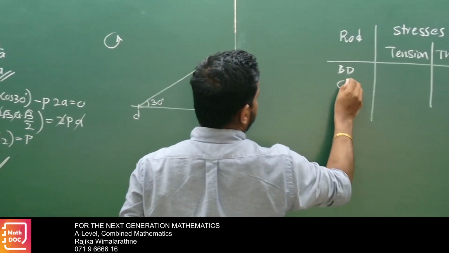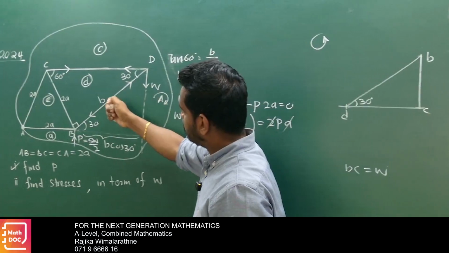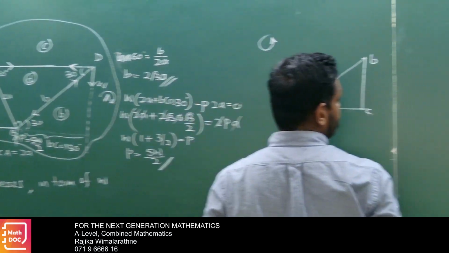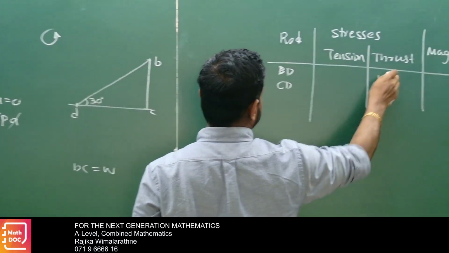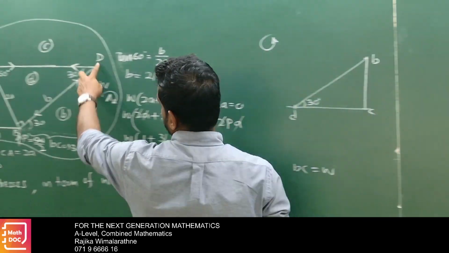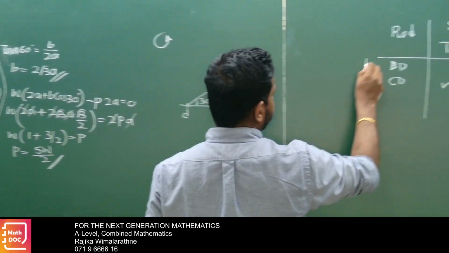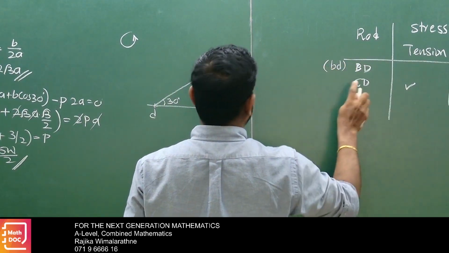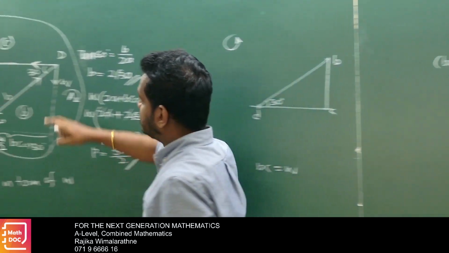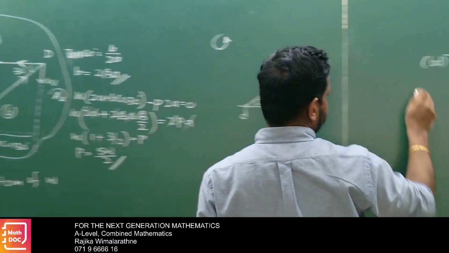Here for BD we have thrust, the other one CD tension. Then here BD is separated by regions, represented by BD again. CD rod is represented by CD regions. And you put here CD.